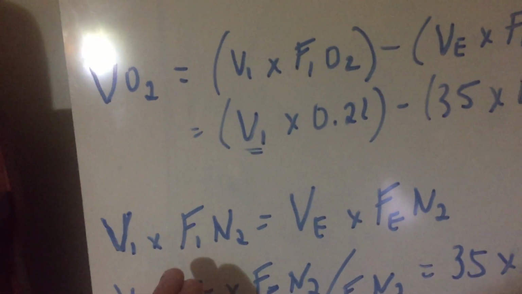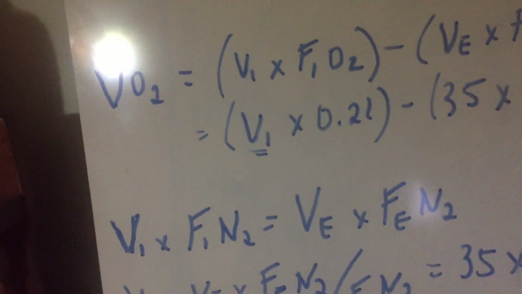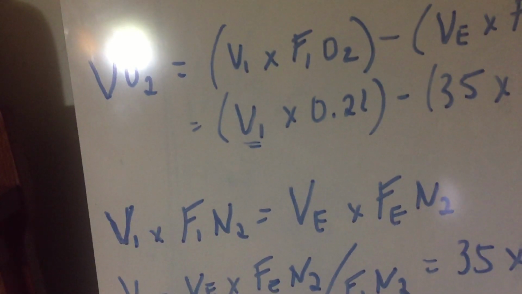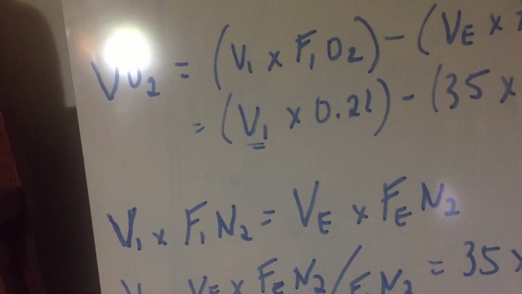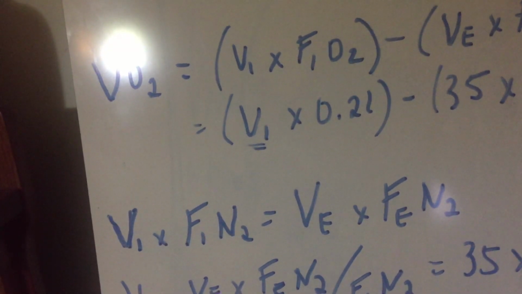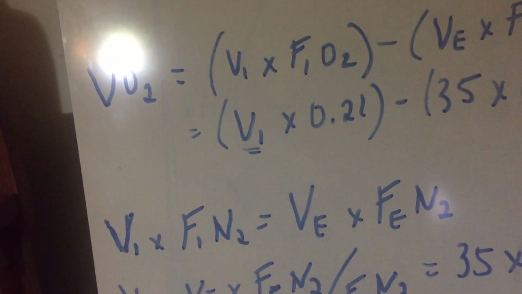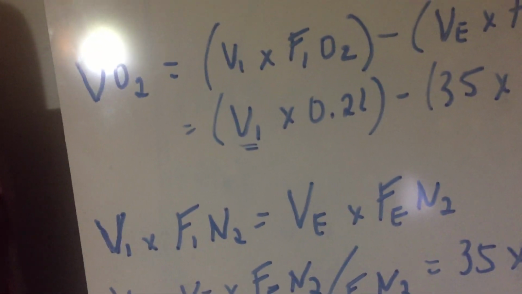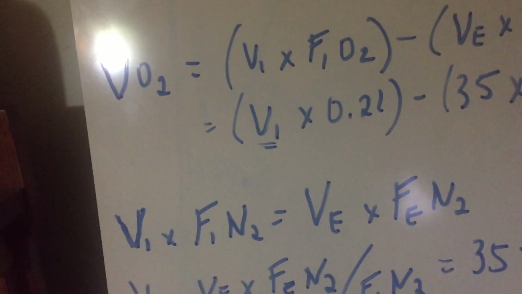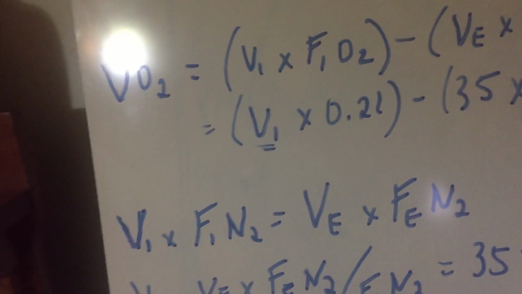The volume of nitrogen that you inspire is always equal to the volume of nitrogen you expire, because when we inspire nitrogen from the air, it does not react with the tissues in your body. So it's not like carbon dioxide or oxygen that are going to change. Your body consumes oxygen and it expires carbon dioxide.